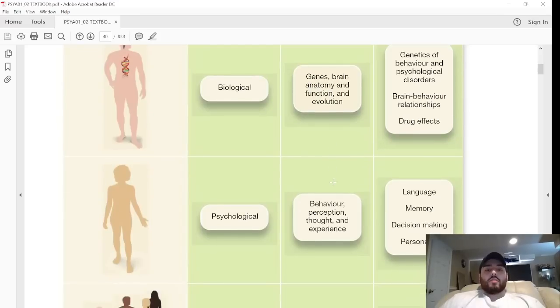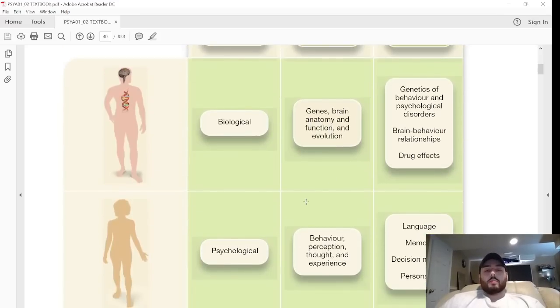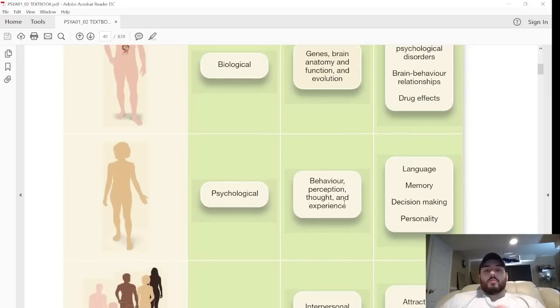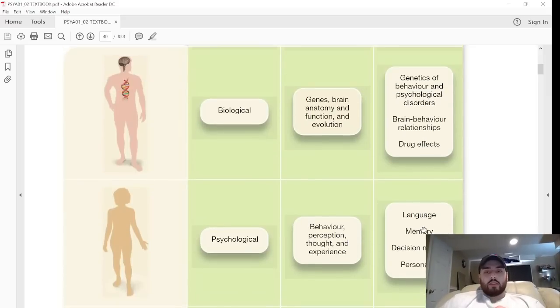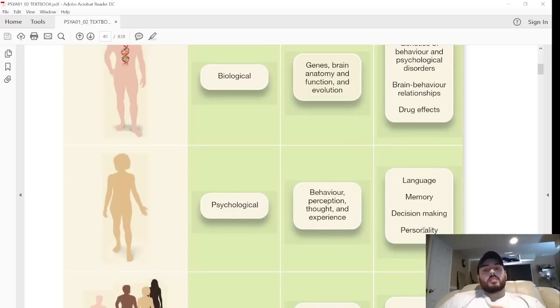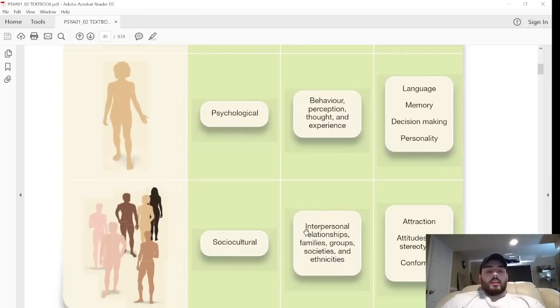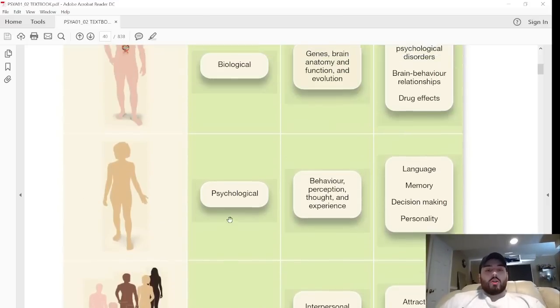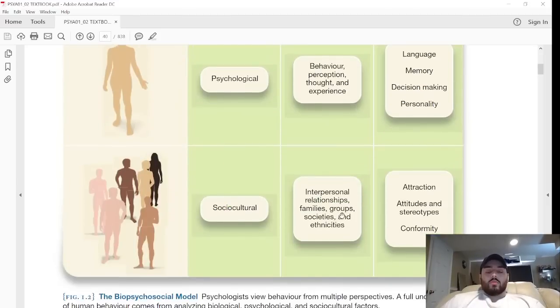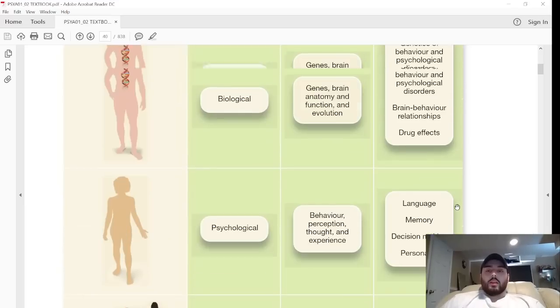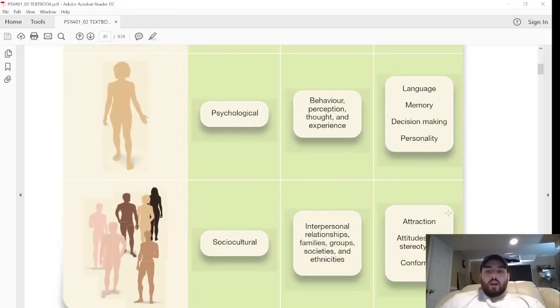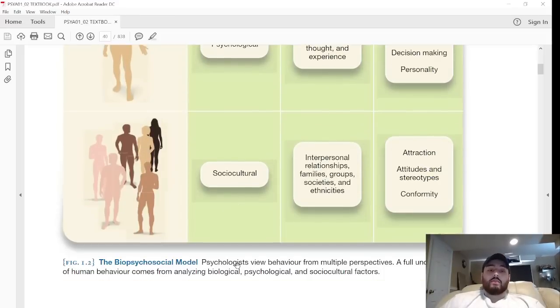The perspective from the psychological component is behavior, perception, thought, and experience, right? Good examples of these are your language, memory, decision making, and your personality. Now, the sociocultural perspective would be interpersonal relationships, families, groups, societies, and ethnicities, right? The examples would be attraction, attitudes and stereotypes, and even conformity.